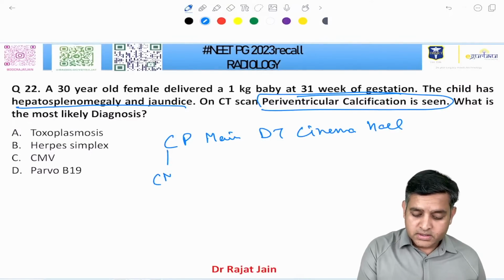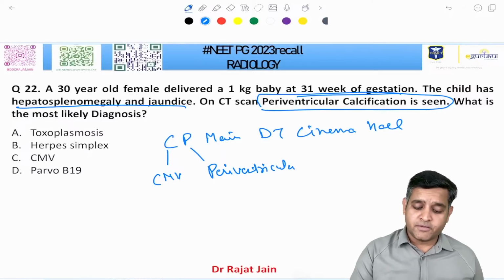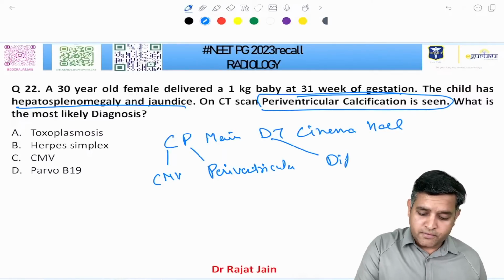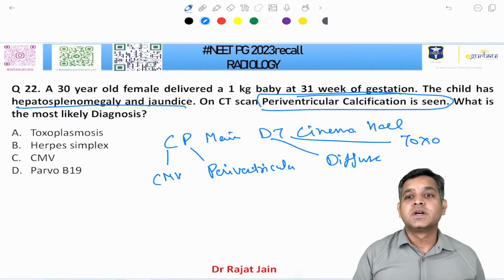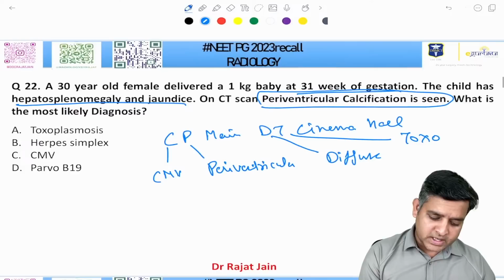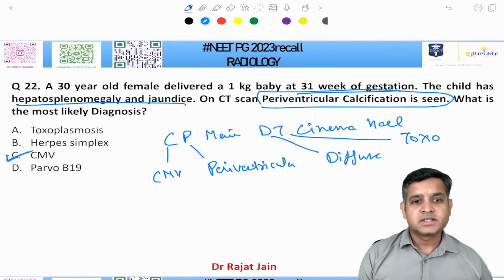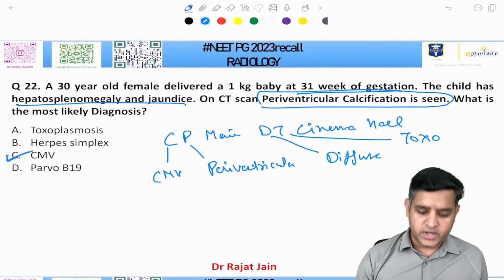C for CMV, P for periventricular, D for diffuse, T for toxoplasmosis. So what is the correct answer? The correct answer is CMV, cytomegaloviral infection.